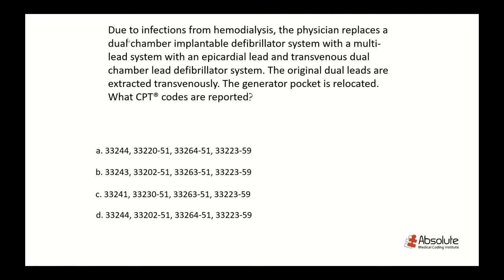All right, coders. The answers are: A, 33244, 33220 modifier 51, 33264 modifier 51, 33223 modifier 59. B, 33243, 33202 modifier 51, 33263 modifier 51, 33223 modifier 59.